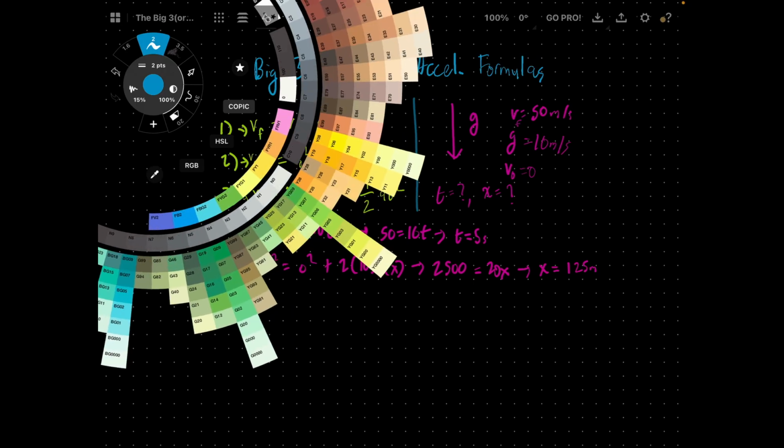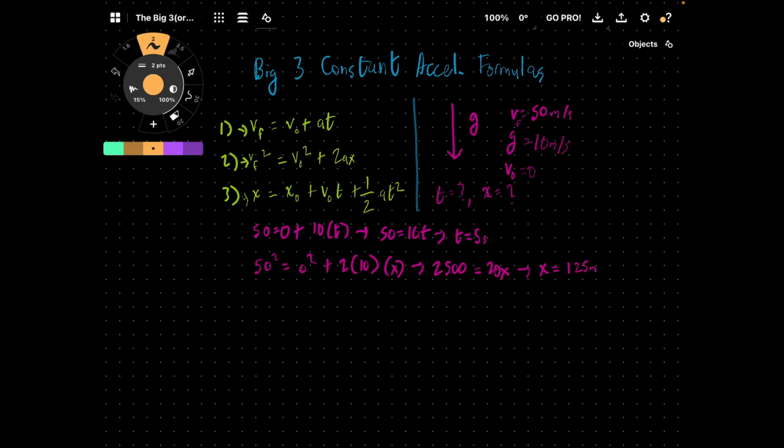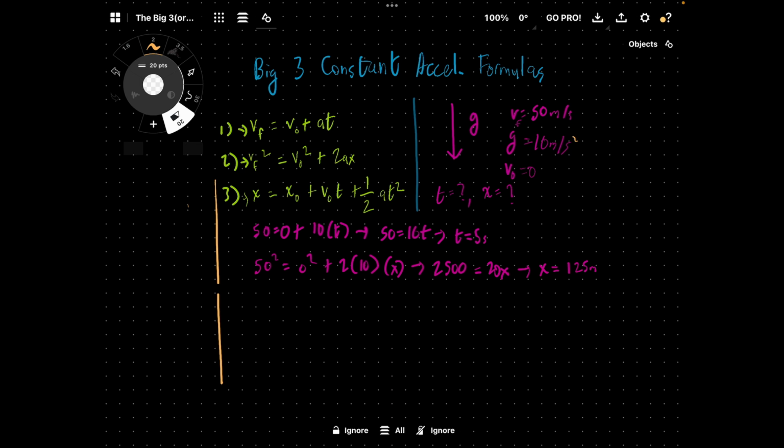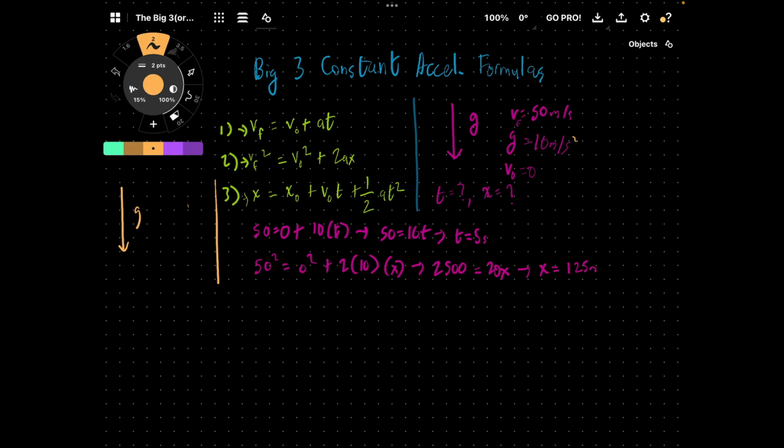Let's do orange. So there we pull up orange, and we can figure out a new problem too. I've switched to a different color over here, and we can create a new problem. Let's say we have gravitational acceleration going downwards, constant acceleration of g. So we know acceleration is equal to 10 meters per second squared.